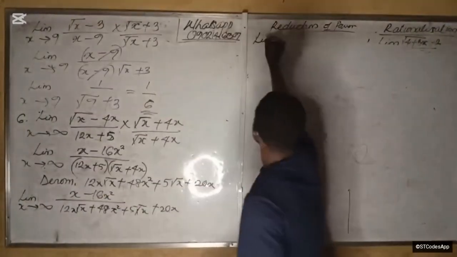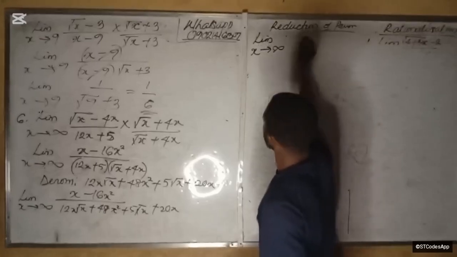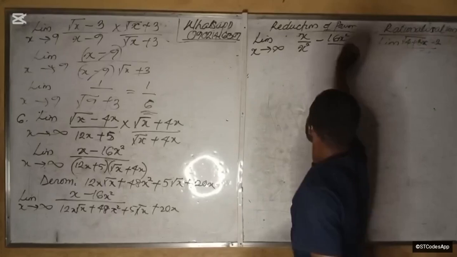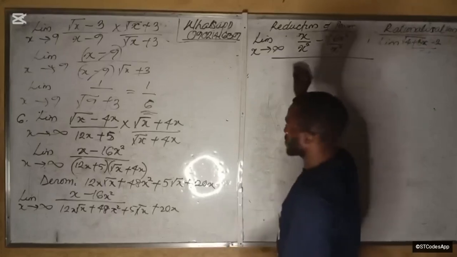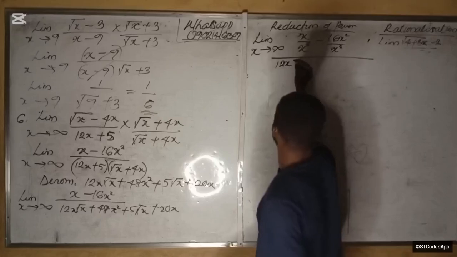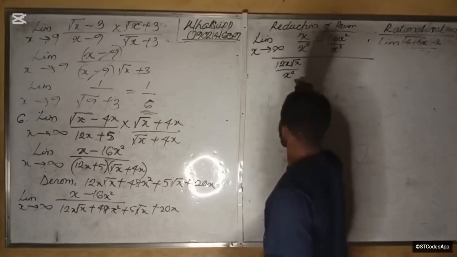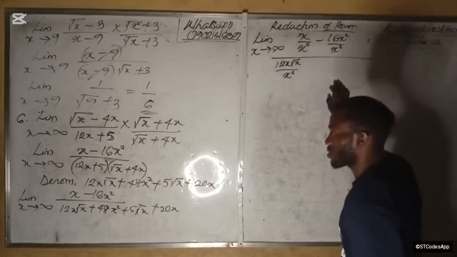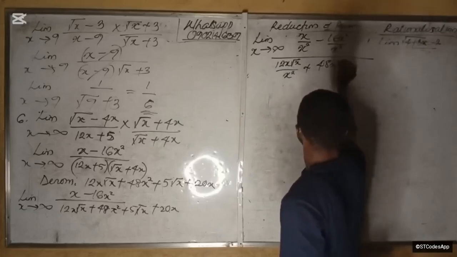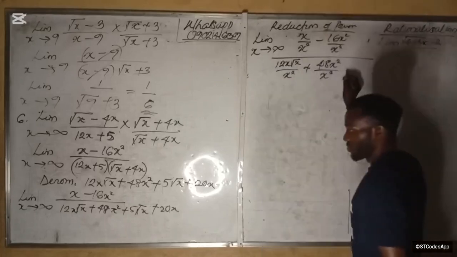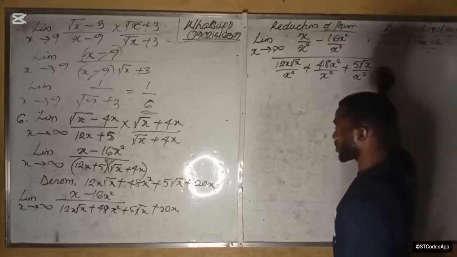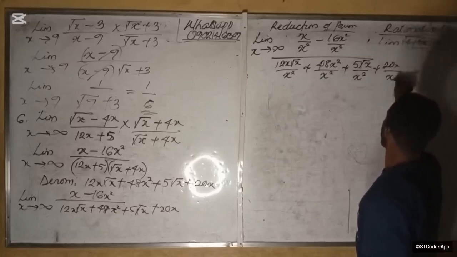So we'll have the limit as x approaches infinity of x over x squared minus 16x squared over x squared all over 12x root x over x squared plus 48x squared over x squared plus 5 root x over x squared plus 20x over x squared.